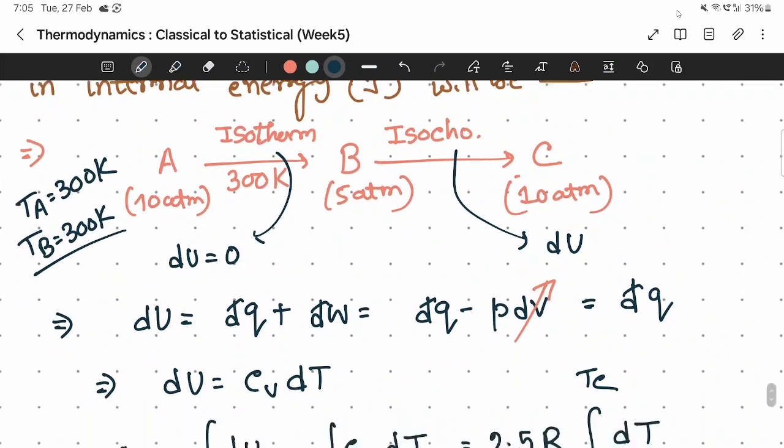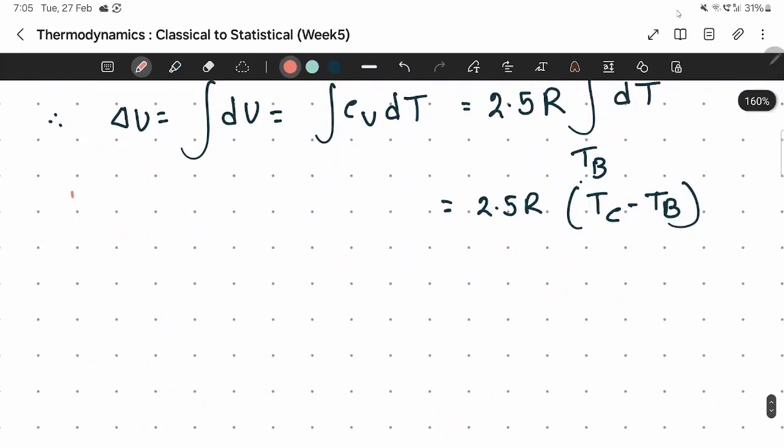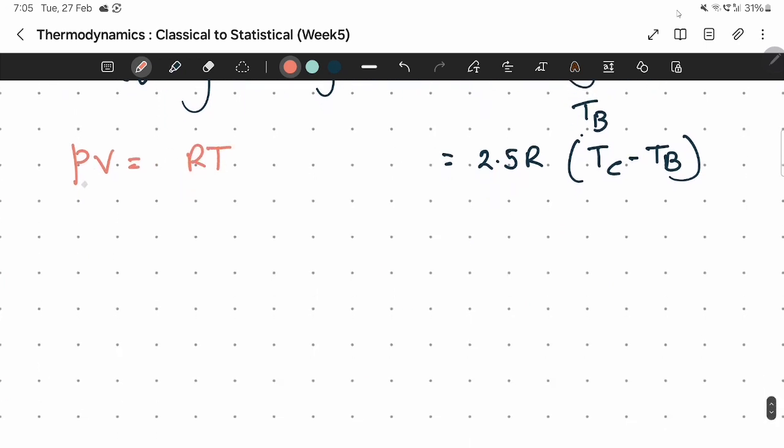So we can use the equation for ideal gas, PV equals nRT, for 1 mole, RT. So we can write PB VB equals RTB, and again PC VC equals RTC.